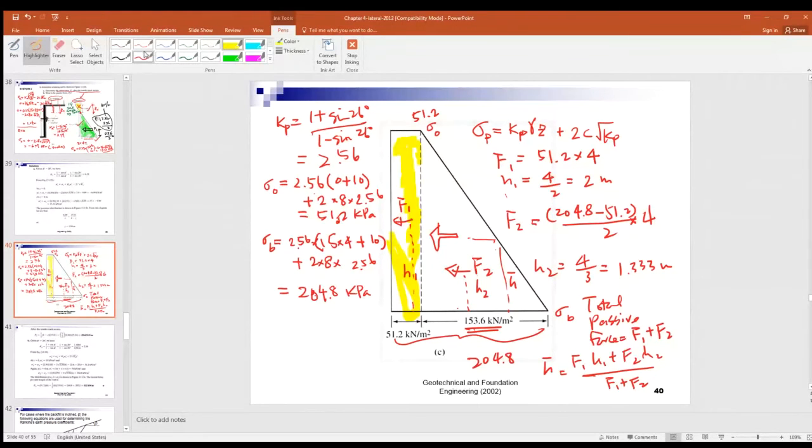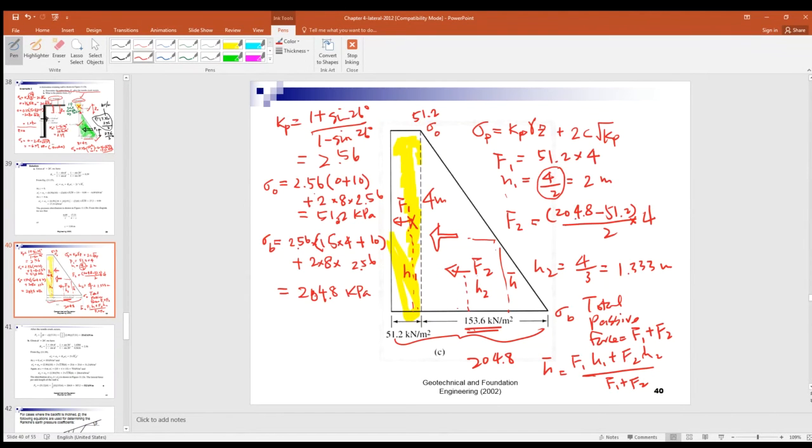It should be here, at the middle of this rectangle. If the rectangle is 4 meters high, so H1 must be 4 meters divided by 2, right? Okay. At the center of the rectangle, because that's 4 meters. So here, H1 should be equal to 1/2 of the height of the rectangle, right?